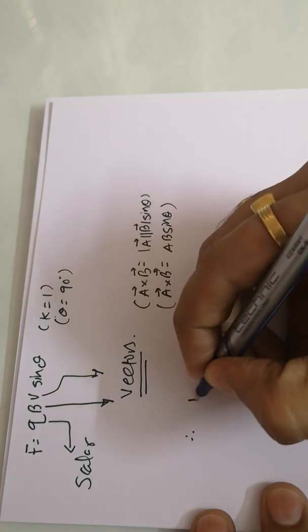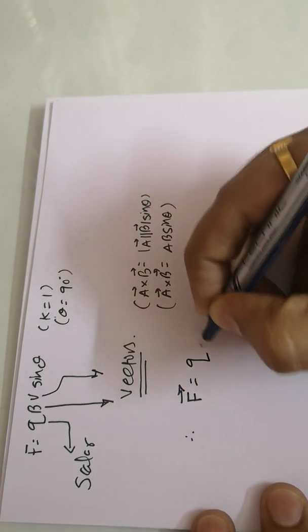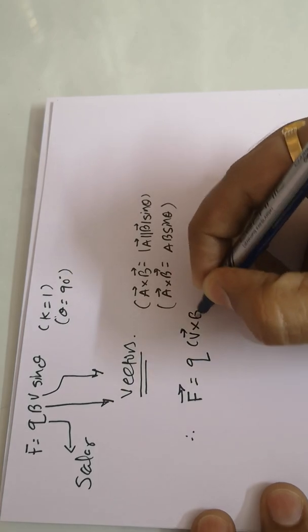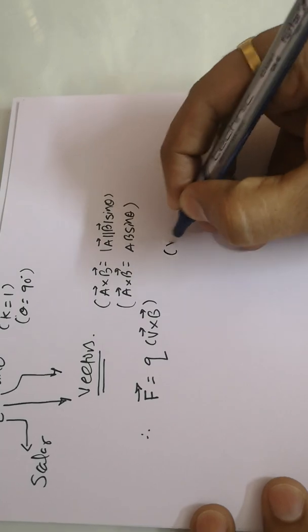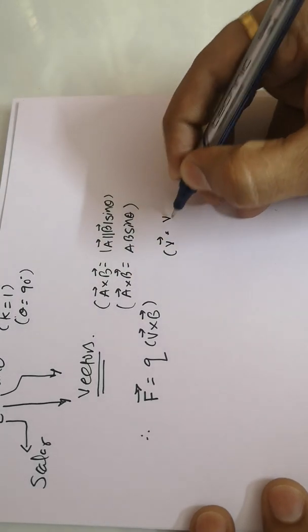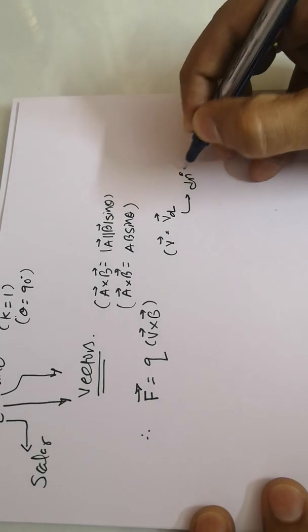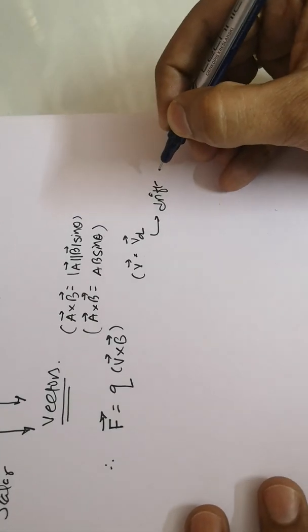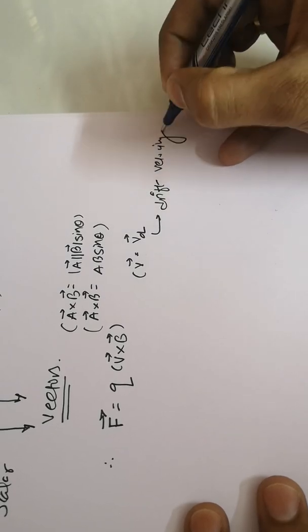So first of all I am placing vector F equals q times v cross B. Here v is the velocity. Another term is vd, and after the end of this chapter you will gradually learn that it is also called the drift velocity.